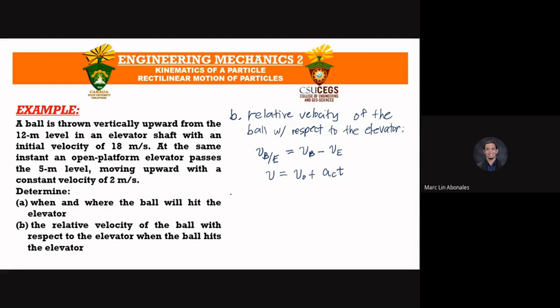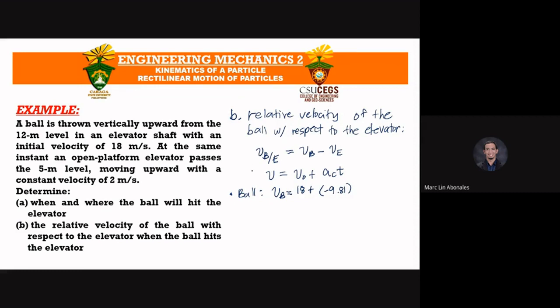So for the ball, the final velocity is VB and the initial velocity of the ball is 18 meters per second. And for the acceleration, that is still negative 9.81 meters per second squared.